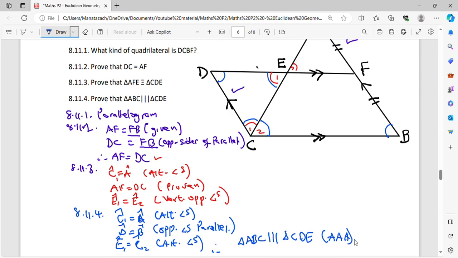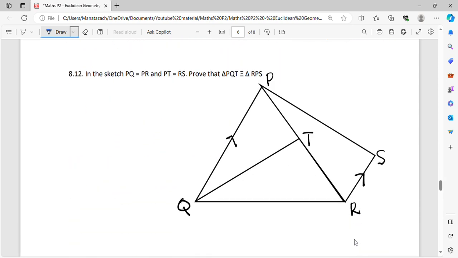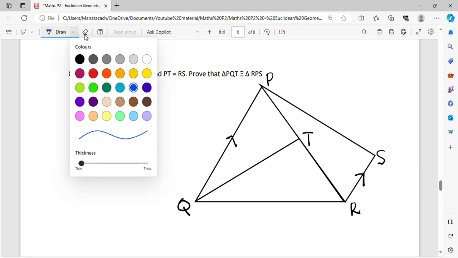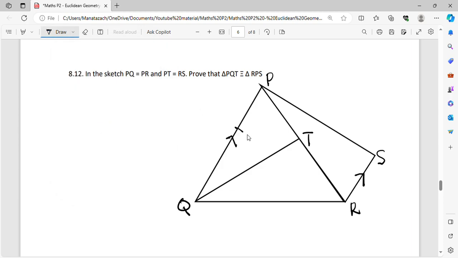So let's move to the next question. In the sketch below, PQ and PR are equal, and then PT and RS are equal.